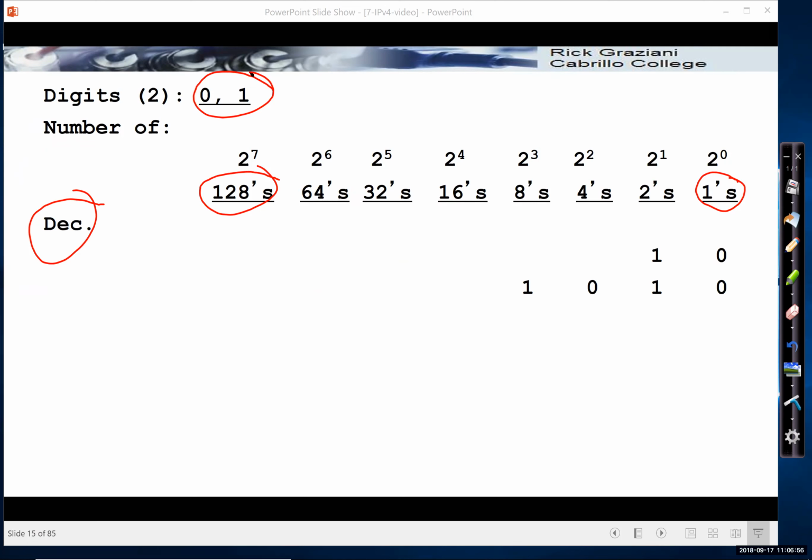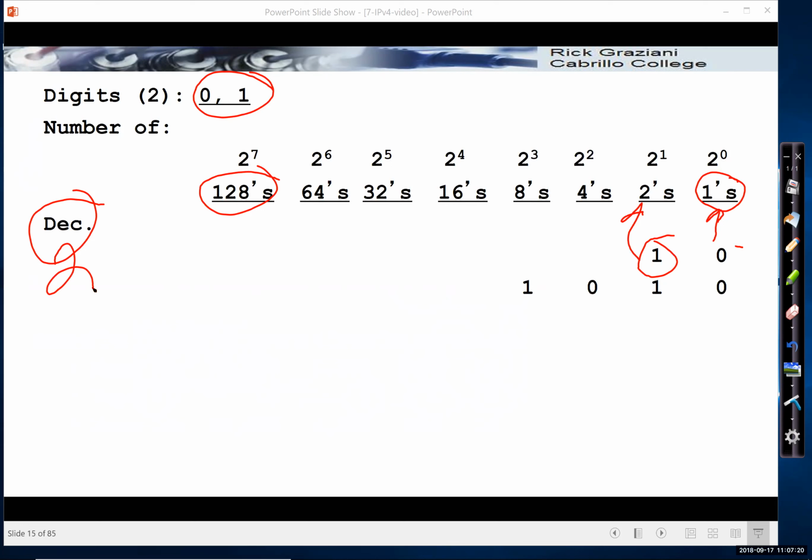There's either 0 of that number or there's 1 of that number. Let's take a look at this number here. We have 0 ones, but we have 1 two. We just add up the columns. It gives us 2.